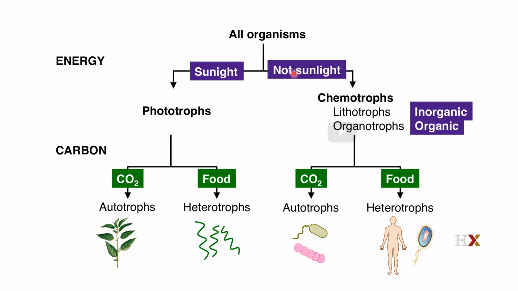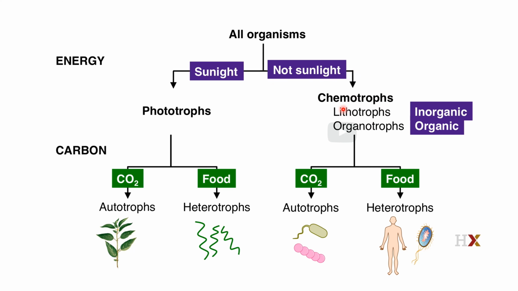So if they are not consuming the sunlight directly as their sole source of energy, these are the chemotrophs, because they are converting the food material into utilizable energy for conducting their biological activities. So these are termed as the chemotrophs, right?